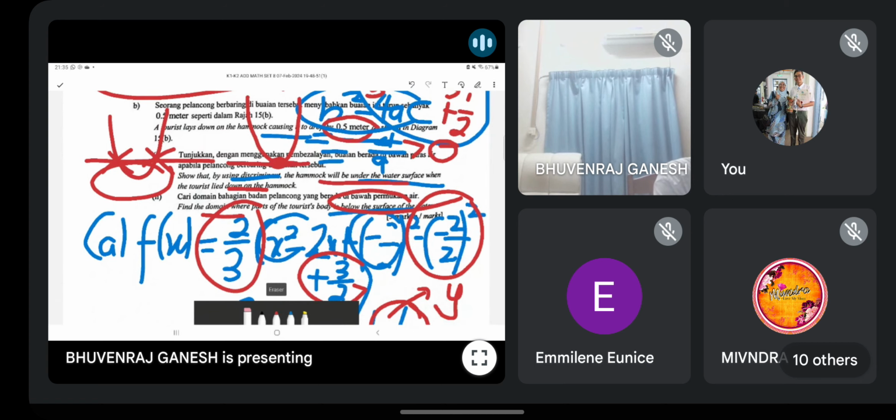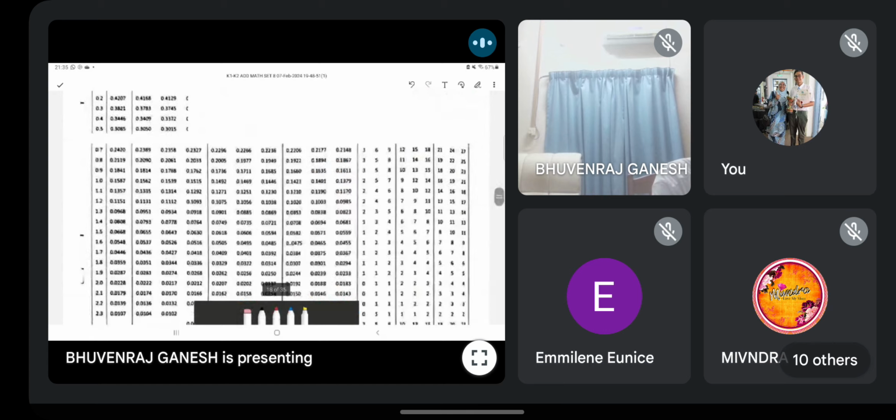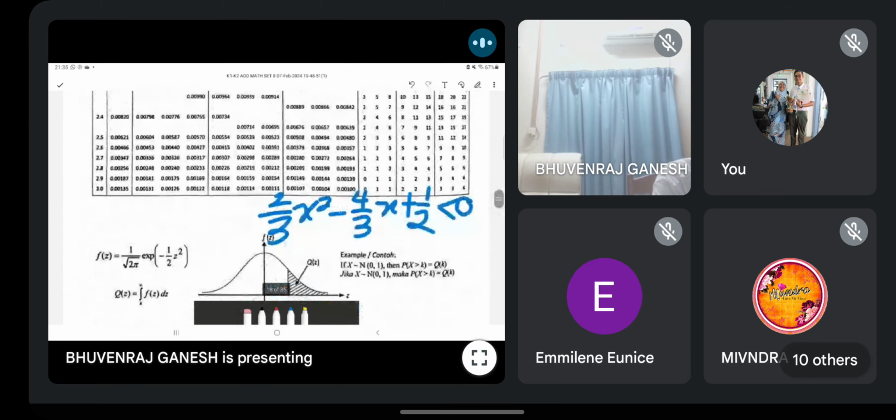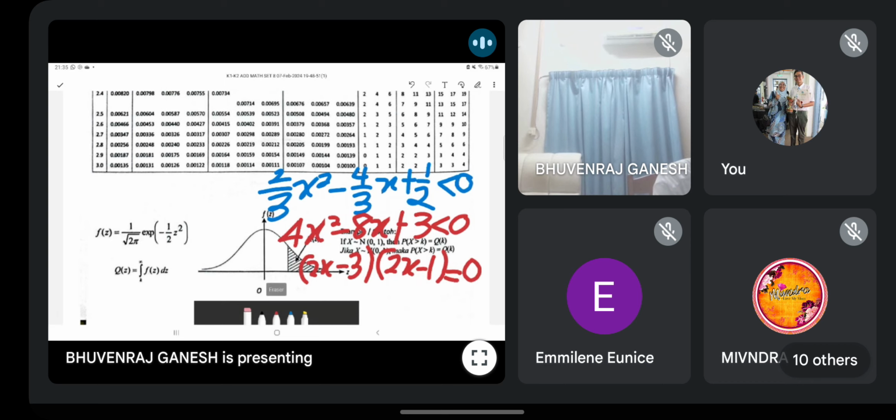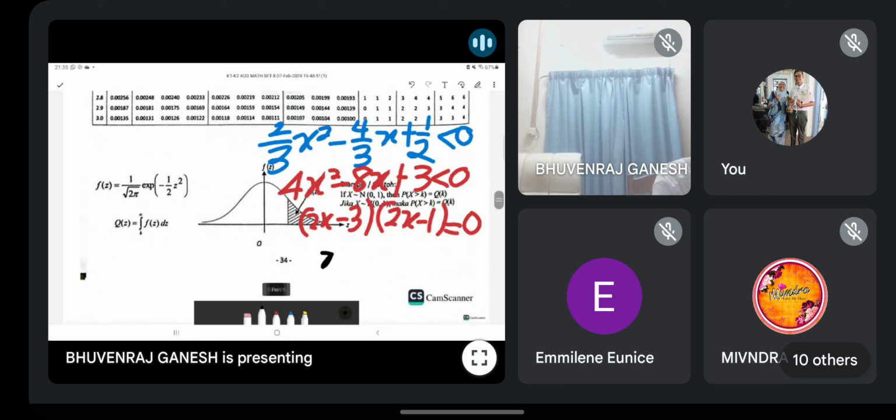So, from here, kamu kena tukar ke bentuk am kuadratik. Okay, you change to general form, you will get this equation. Okay, lepas tu faktorkan, you will get 2x minus 3, 2x minus 1 equal to 0. Kamu katakan dia sama dengan kosong dulu.